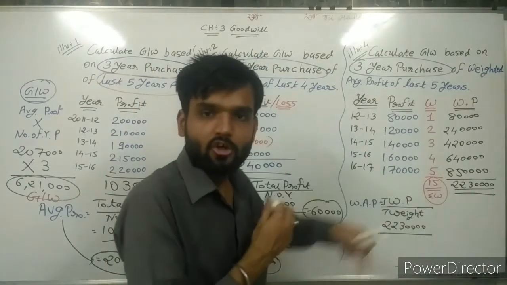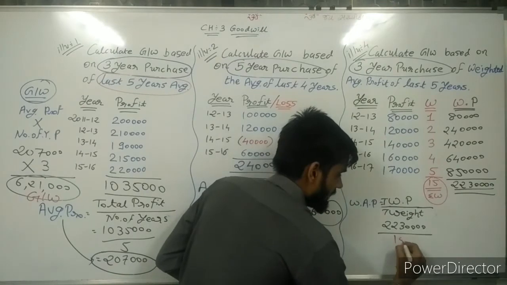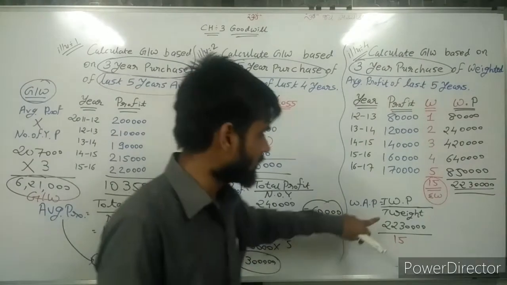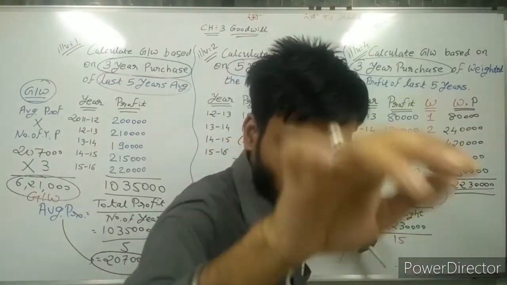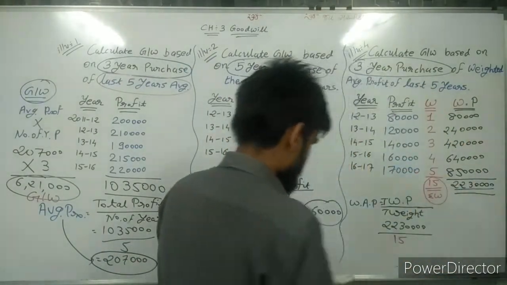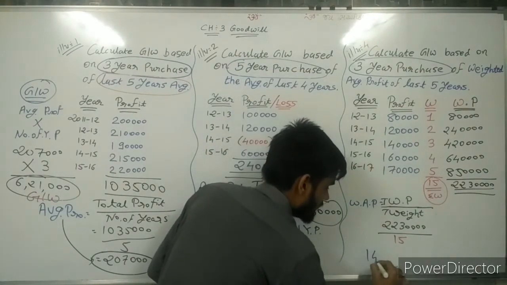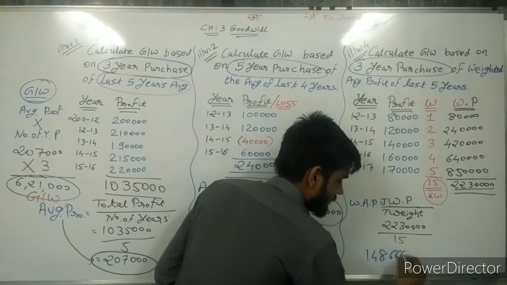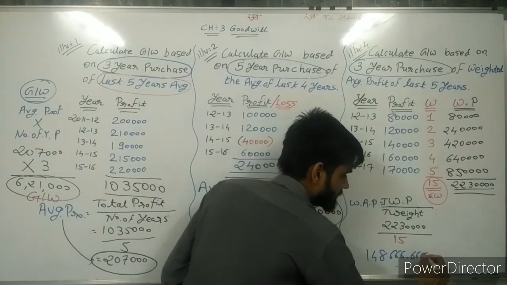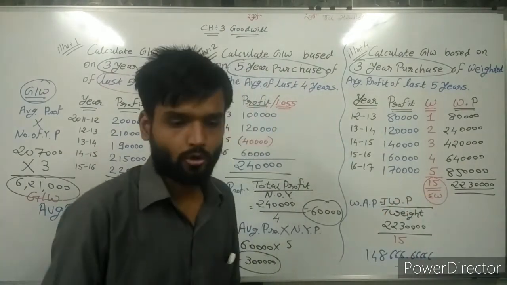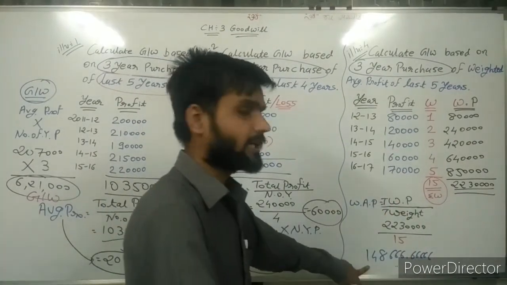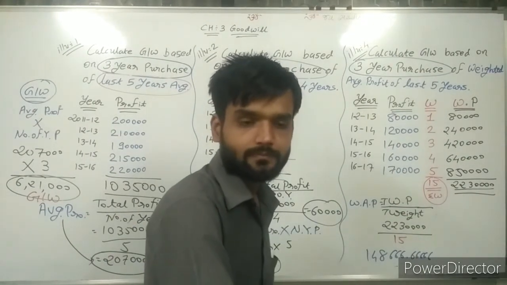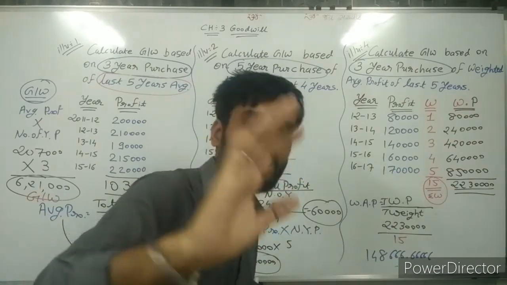Sir, total weight is 15. So divide by 15. If you calculate on your calculator, 22,30,000 divided by 15, the answer is 1,48,666.6666 continuously going on. 1,48,666 will be your answer.